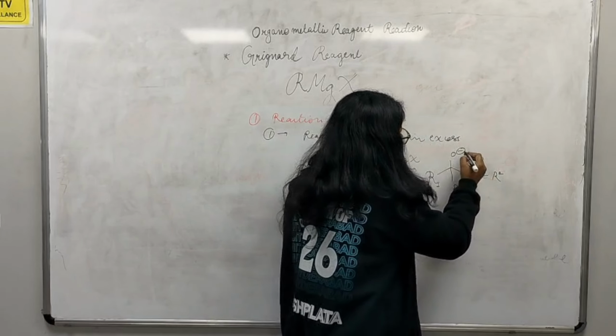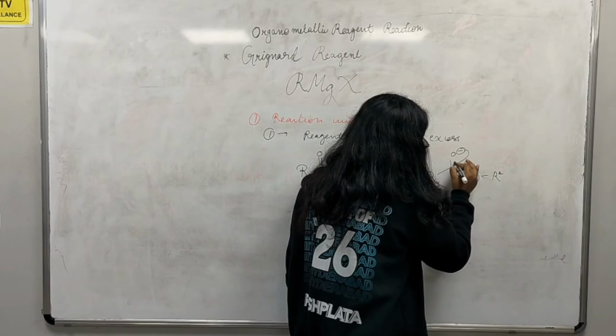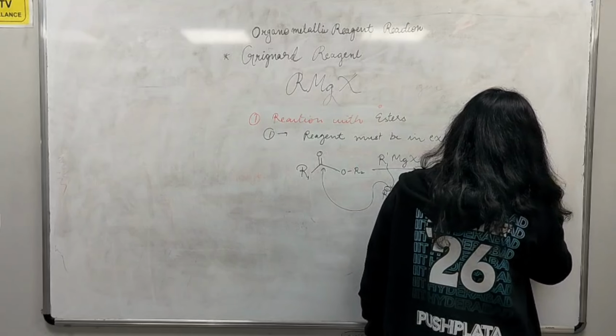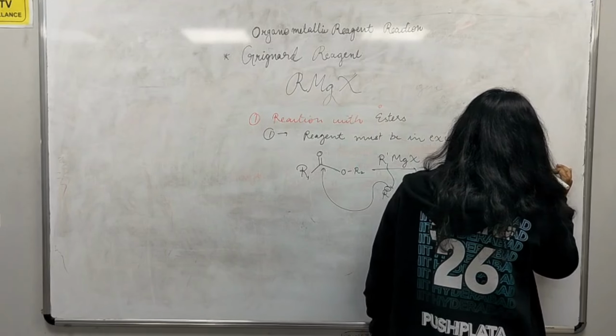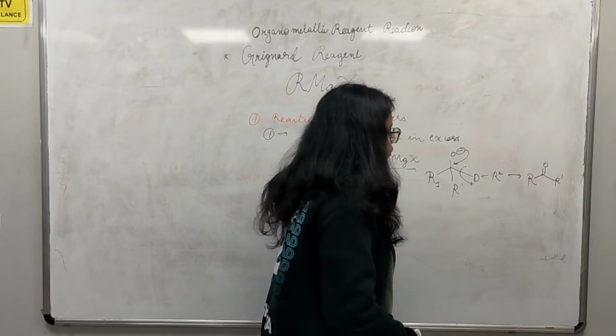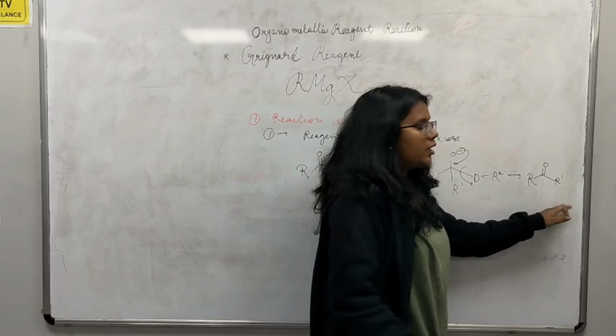Now this negative charge will come back and eliminate this group, and further it will transform into a ketone.